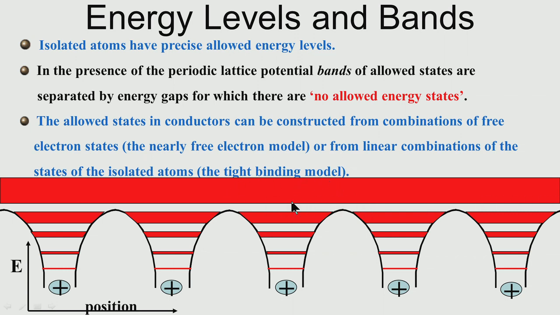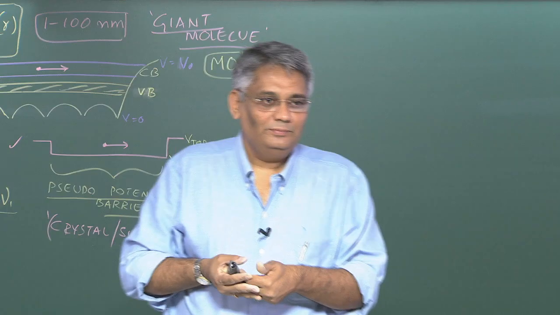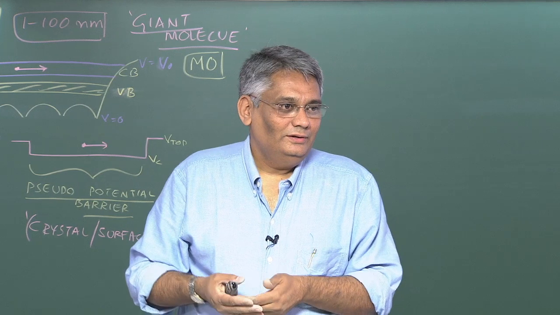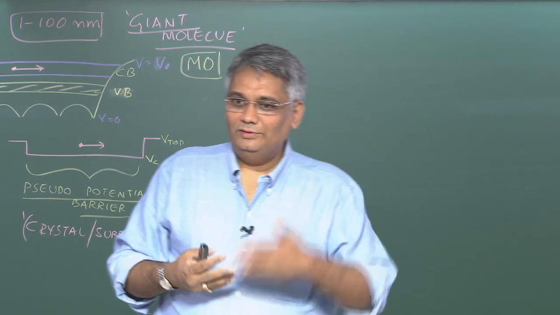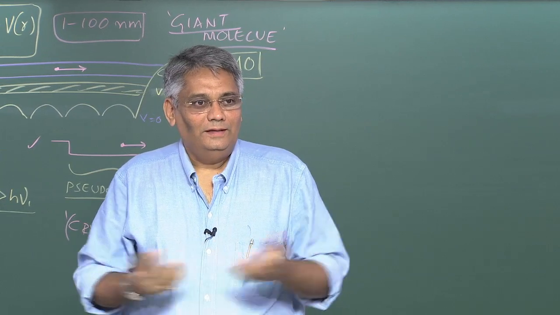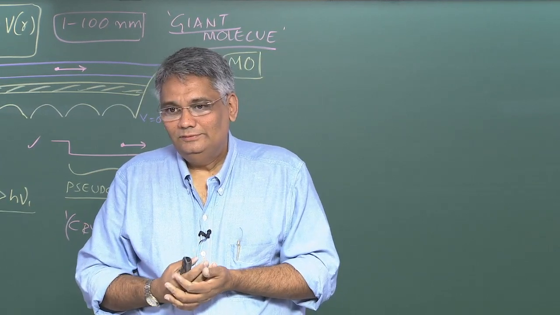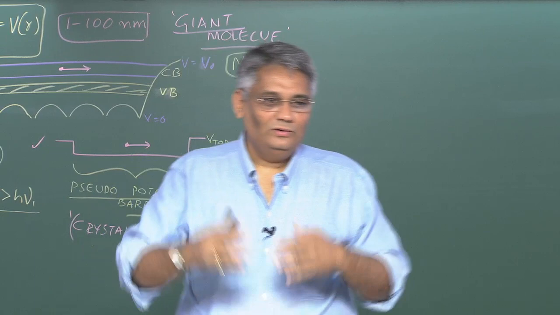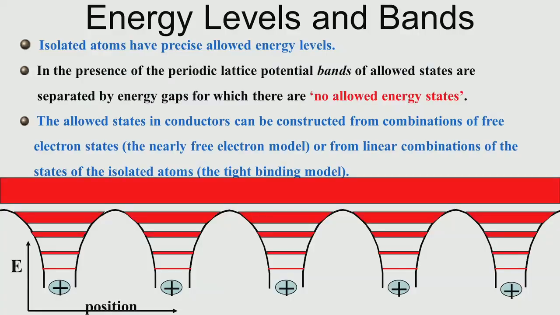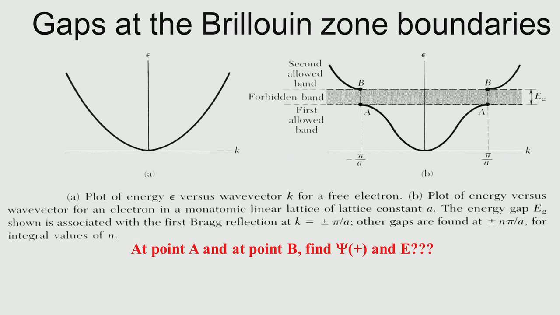If the top two levels overlap, you can call it a conductor. And if there is a separation between the top occupied level and the next unoccupied level, you call it an insulator or a semiconductor, depending on the energy gap between these two levels or these two bands.